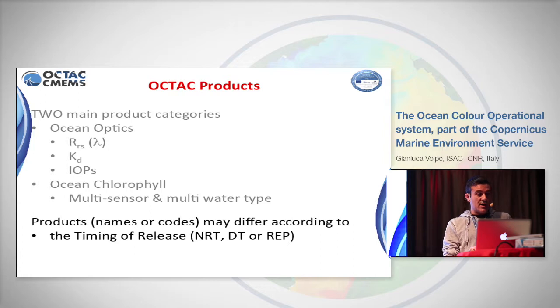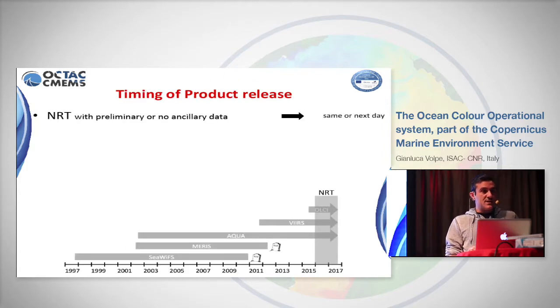The names or codes that you can find on the websites may differ according to the time with which they are made available to users, which is the near real time, the delayed time, or the reprocessed data. The near real time is the data processed with preliminary ancillary data and is generally available the same or the next day as the satellite overpass.